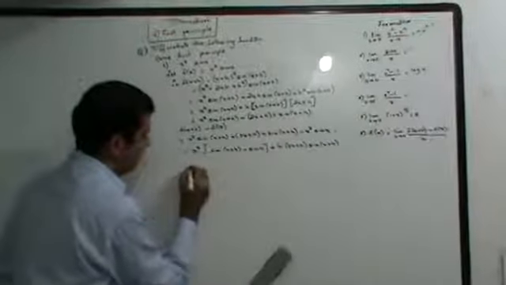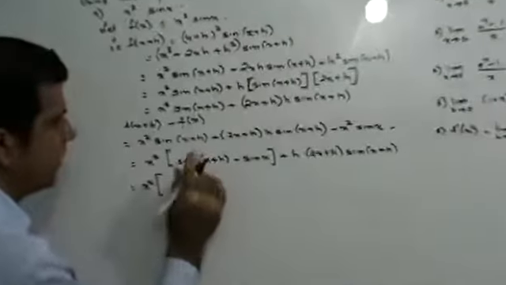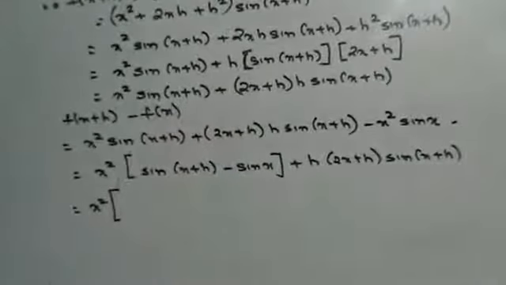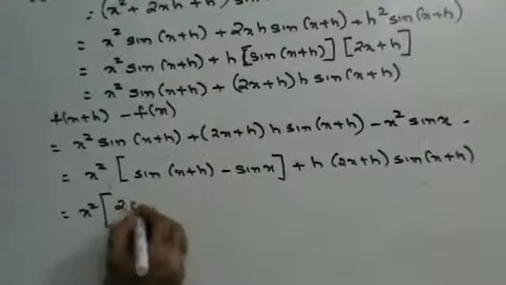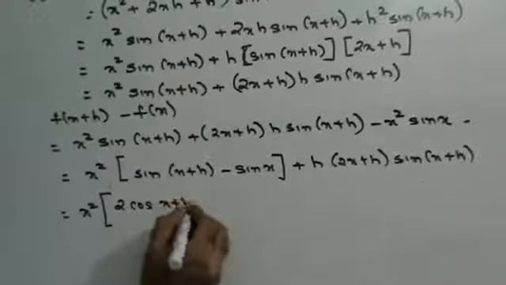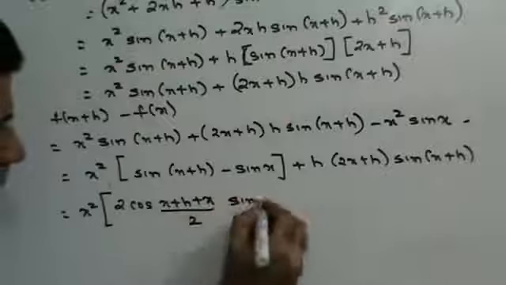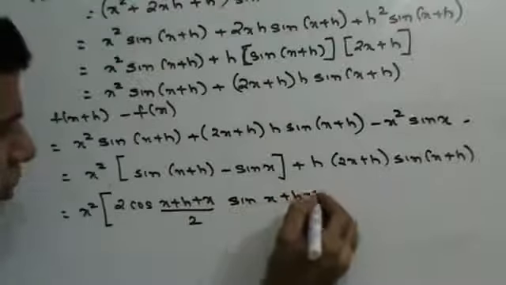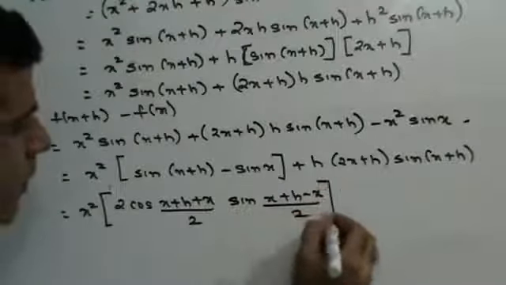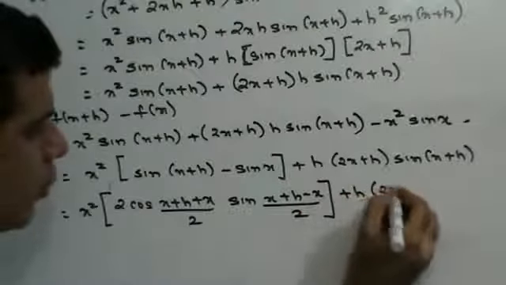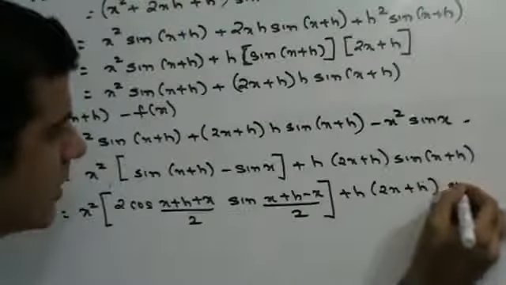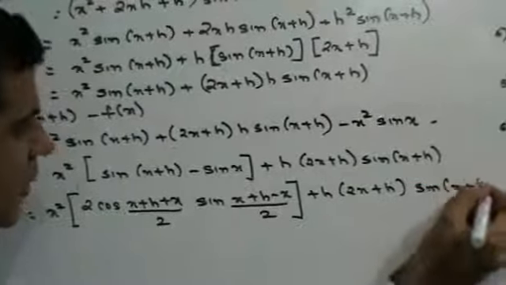Now this can be written as x square as it is. Sine minus sine, factorization formula, sine C minus sine D is 2 cos((C plus D)/2) sin((C minus D)/2). So x square times 2 cos((2x plus h)/2) sin(h/2), plus h(2x plus h) sin(x plus h).